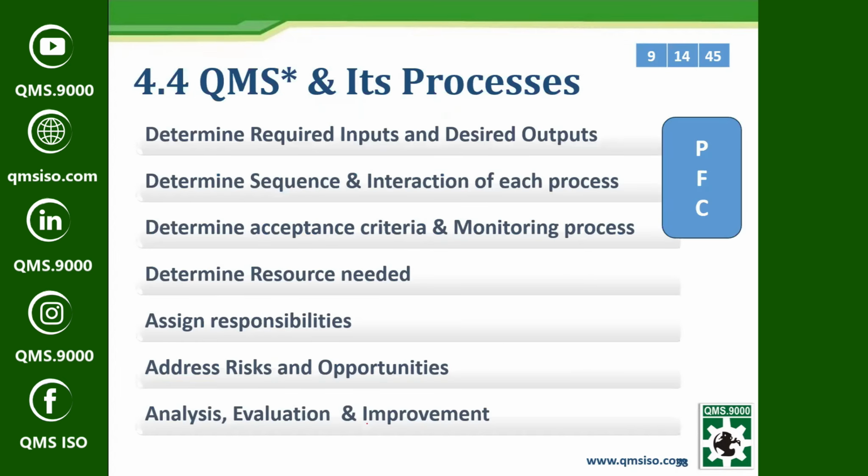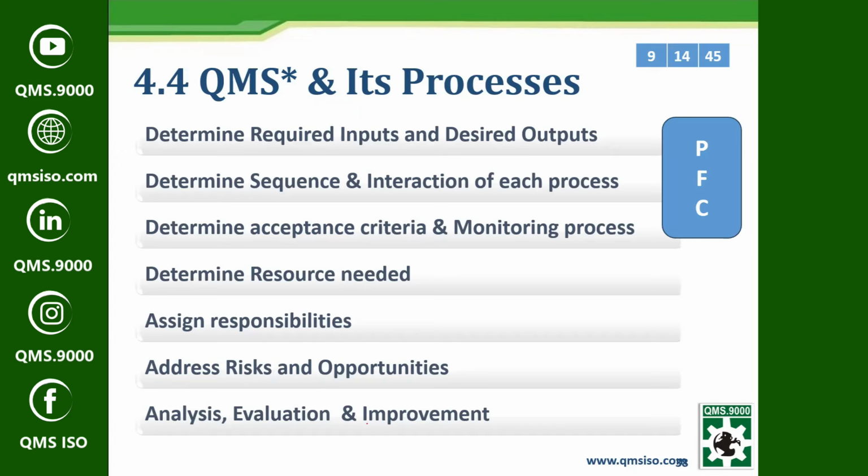In ISO 9000 or 14,000 or 45,000, the 4.4 clause gives you the requirements related to processes. You need to determine the input and output of your processes. What is the sequence and interaction of each process?